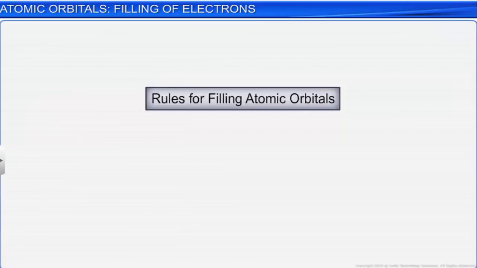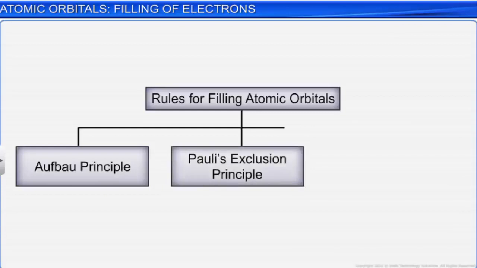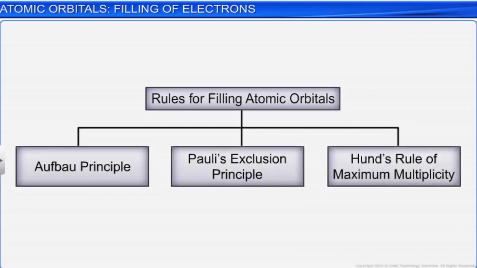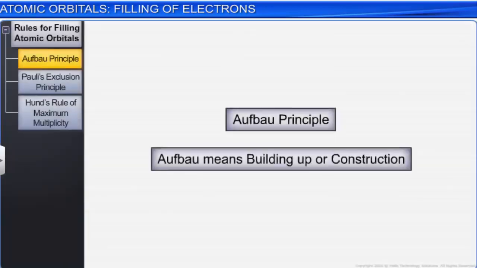The filling of electrons into the orbitals of an atom is governed by the Aufbau principle, Pauli's exclusion principle, and Hund's rule of maximum multiplicity. Let us start with Aufbau principle. Aufbau is a German word which means building up or construction.